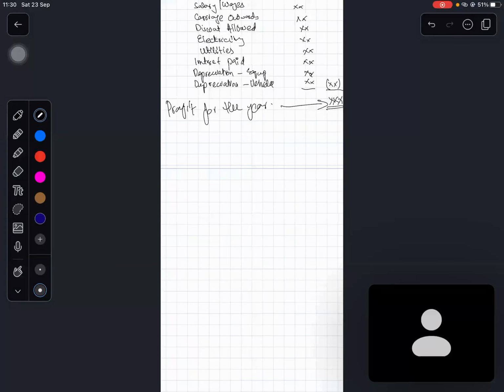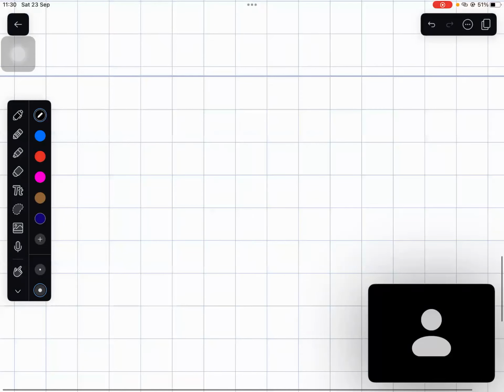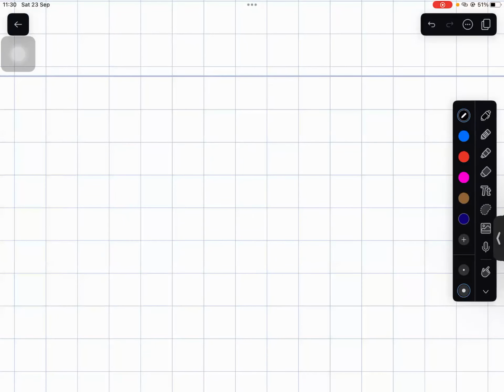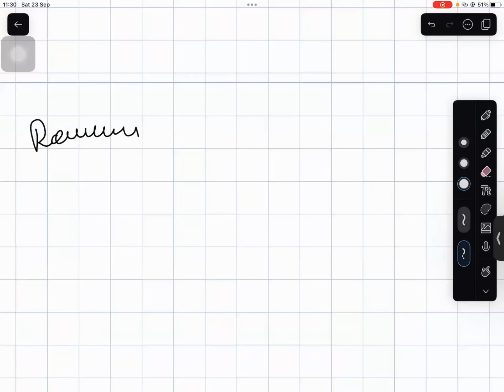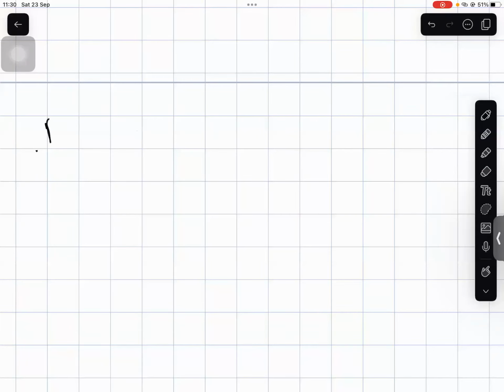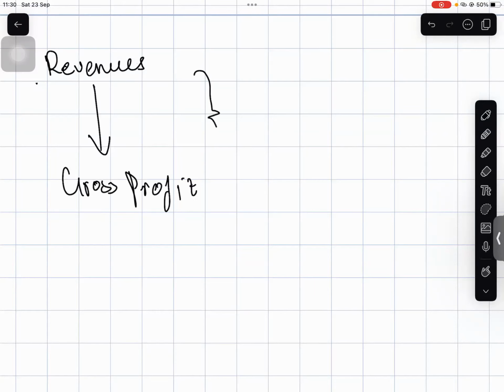Okay, so as we discussed, let me write it properly so that you understand. From revenues up until gross profit, this is called the trading account.